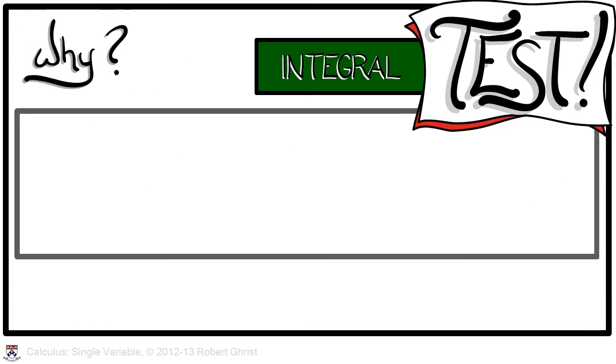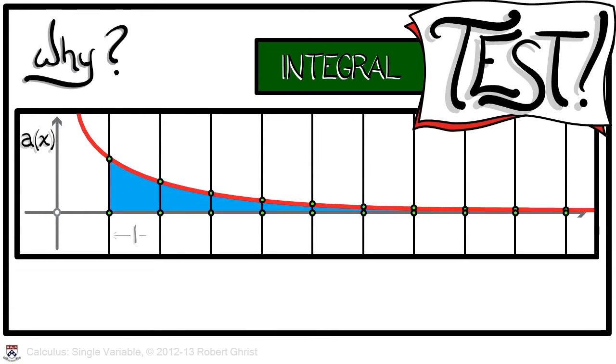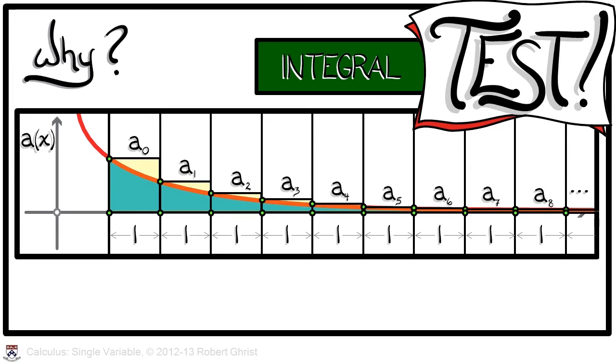Why does this test work? Well, we've seen it in use once before when we determined that the harmonic series diverged. We compared it to the continuous integrand 1 over x. We saw, by taking a left Riemann sum, that the series was bounded below by the improper integral.